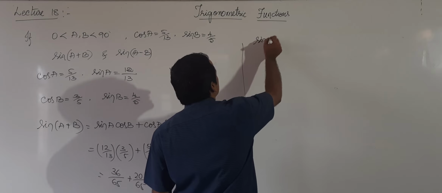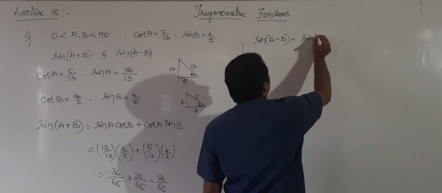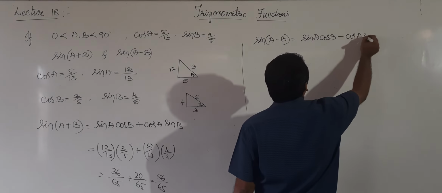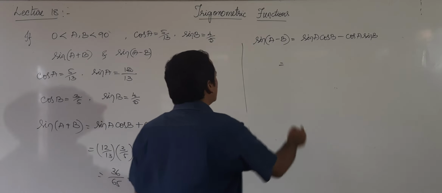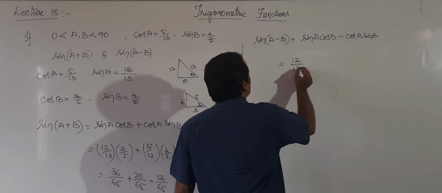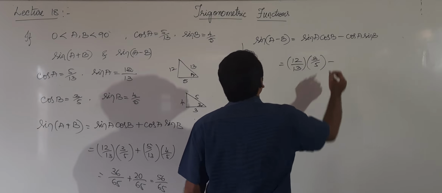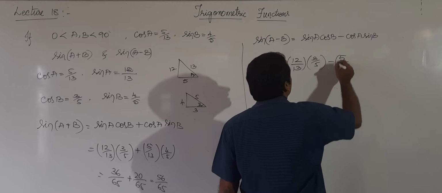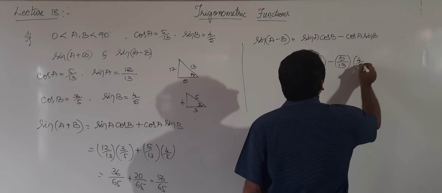After that, we are asked to find out sin A minus B. Sin A minus B formula we know, that's equal to sin A cos B minus cos A sin B. That's equal to sin A 12 by 13, cos B is 3 by 5 minus cos A 5 by 13 into sin B. Sin B is 4 by 5.